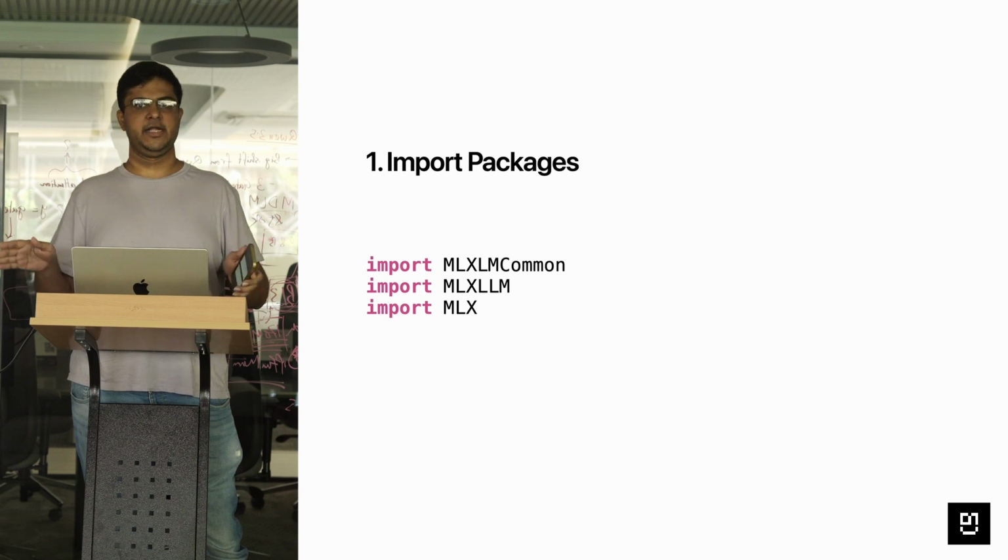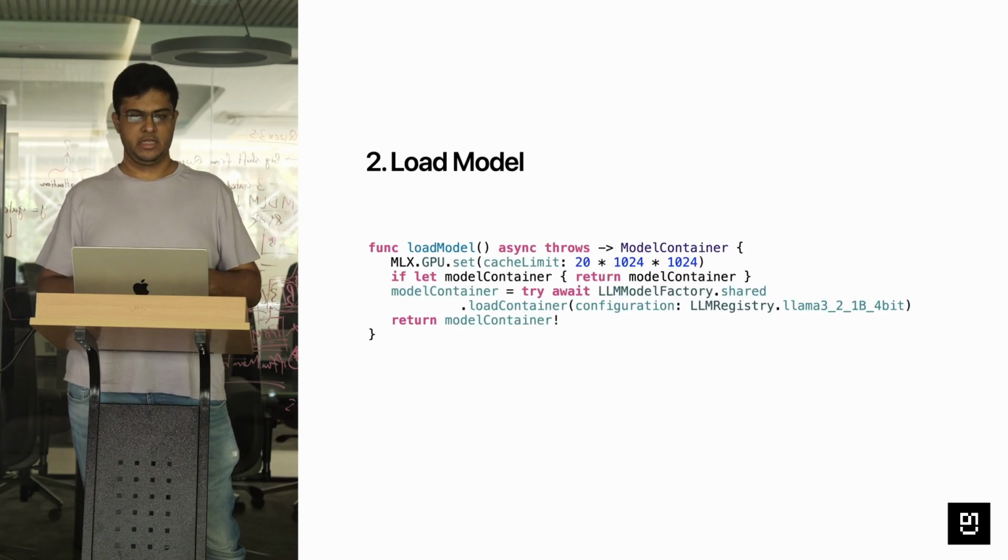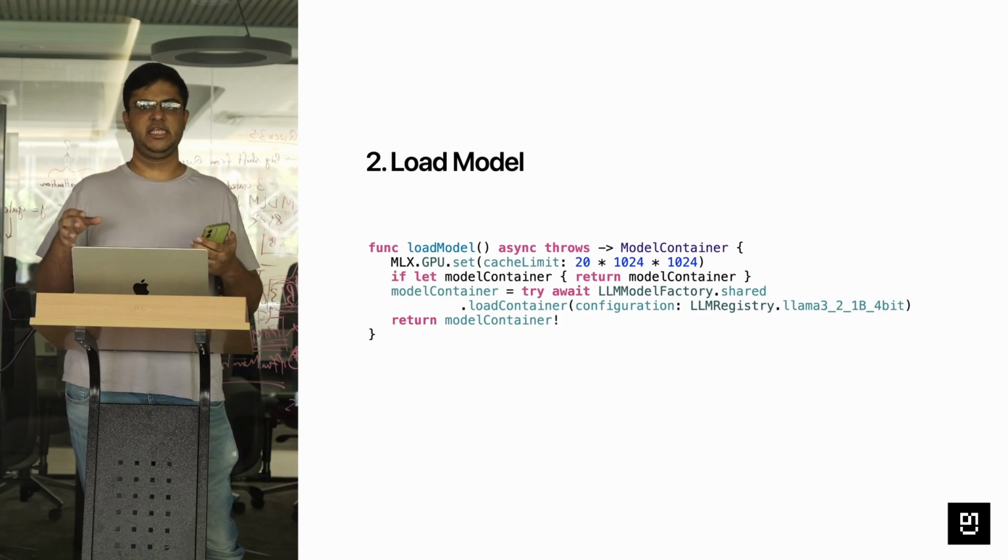First of all, you import some packages, that is MLX Common, MLX LM Common, and the LLM packages. Then you load the model. If you see, you load the model with some GPU cache limit because this runs on Metal, so there is some caching limit that MLX provides you.